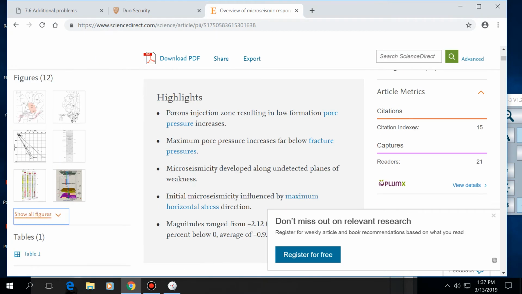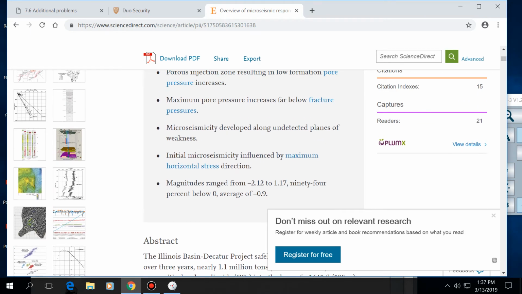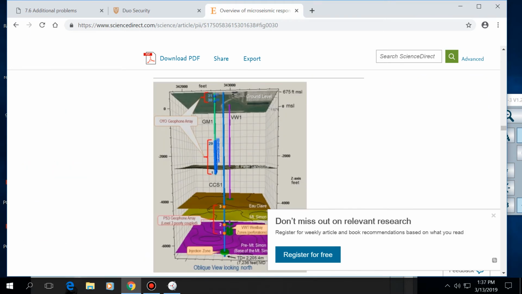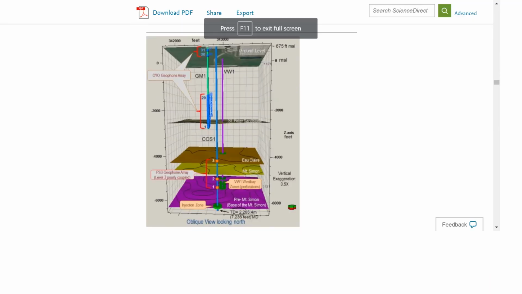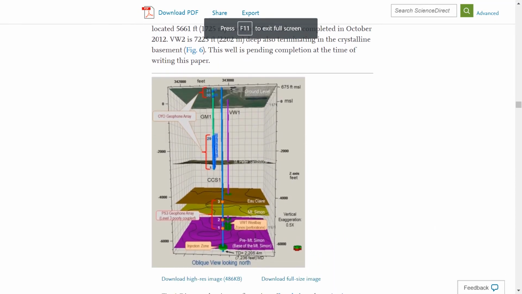In order to do that, you take carbon dioxide from power plants, and then you pump it towards deep formations and just leave it in there. But notice in this case, if you're injecting something, you are increasing the pore pressure in the subsurface.